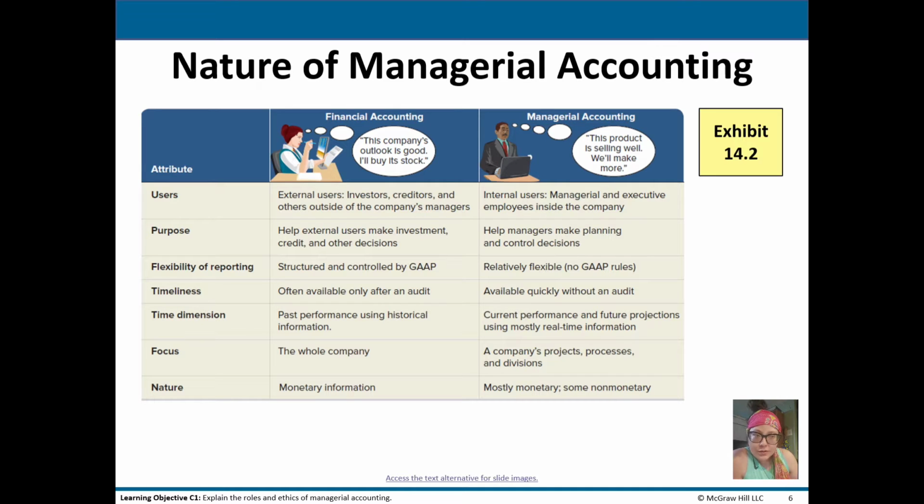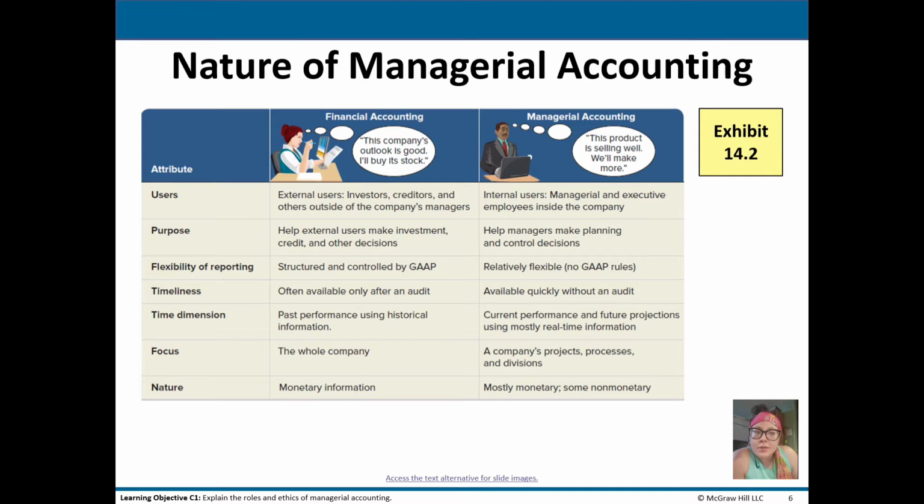The users of the accounting information. Financial accounting information is provided primarily to external users, including investors, creditors, and regulators, while managerial accounting information is usually provided to internal management, like the executive employees we just spoke about.